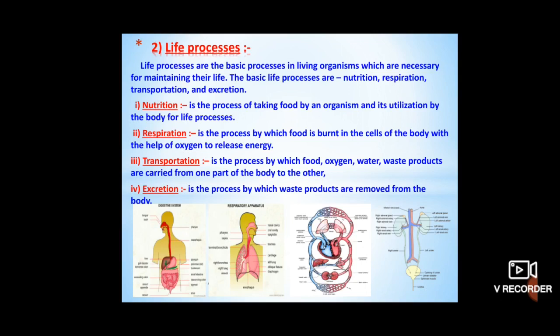Our body requires oxygen for the breakdown of glucose. The food we consume is rich in glucose after digestion, and that glucose is a reserve food to provide energy to us.